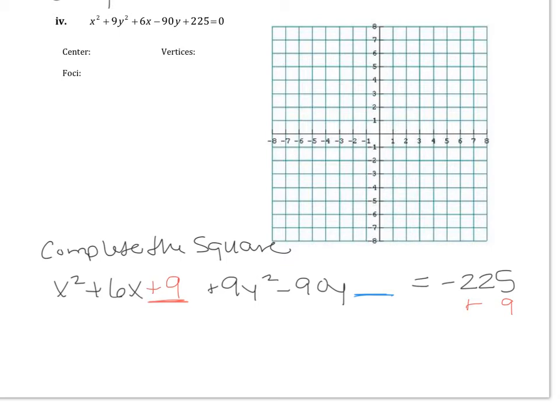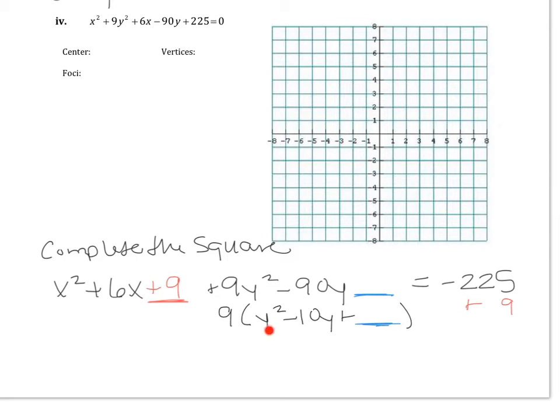And now, a little bit trickier here, because we can't complete the square if we have a leading coefficient. Right, so we're going to have to rewrite this guy. All right, and we're going to rewrite this as 9 times y squared minus 10y plus something. Okay, and so now we can complete the square.